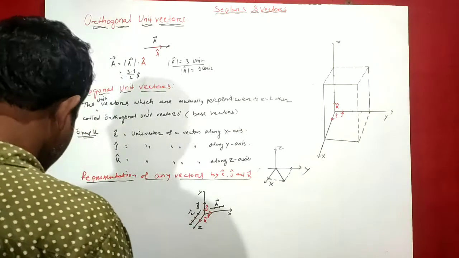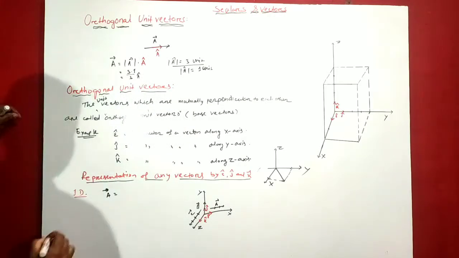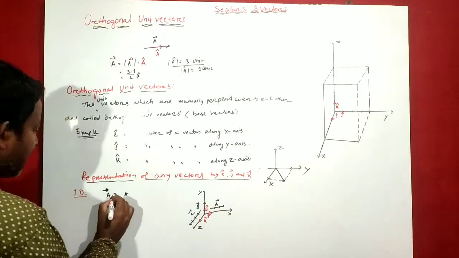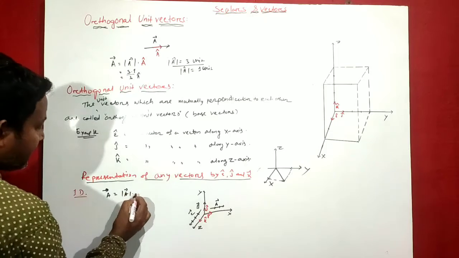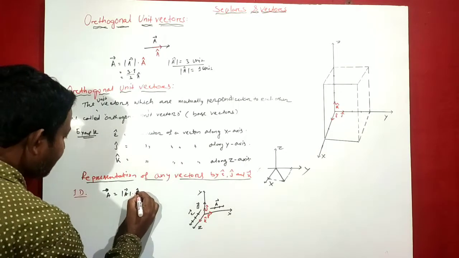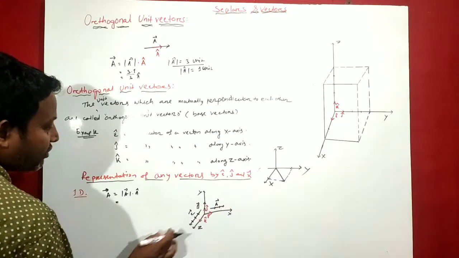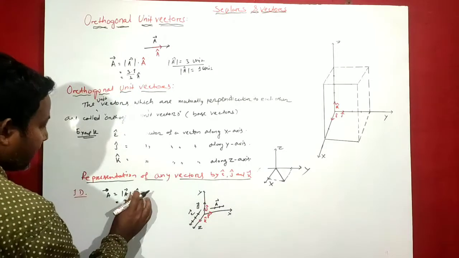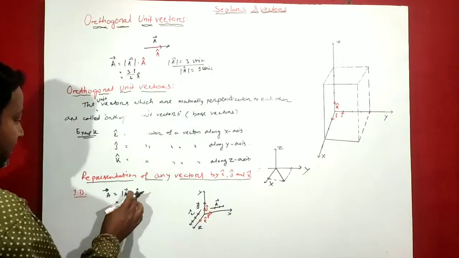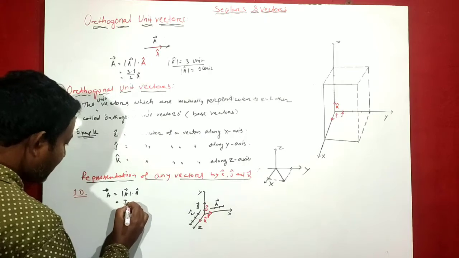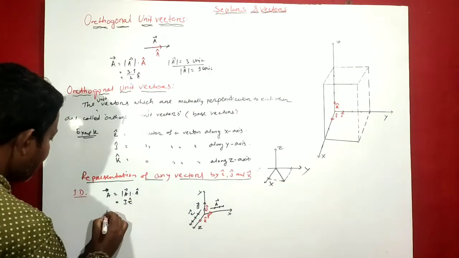Guys, when I express a vector A, we have to give the magnitude and also a direction, that is a cap. Here the magnitude of A is 3 unit, and a cap is along the x axis, so a cap is i cap. So A is 3 i cap.